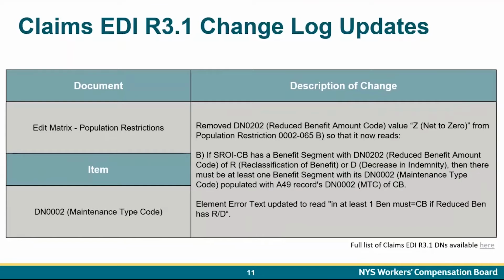And for this population restriction for maintenance type code, we removed the value Z, net to zero. As you can see, other than that, nothing else changed on that population restriction.